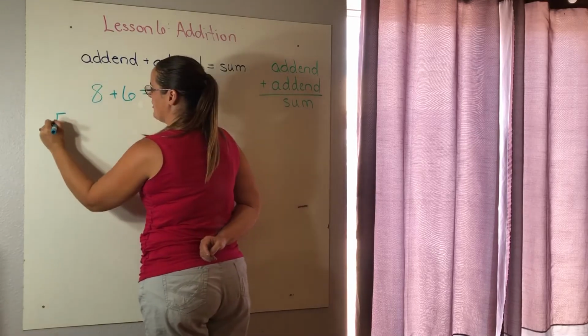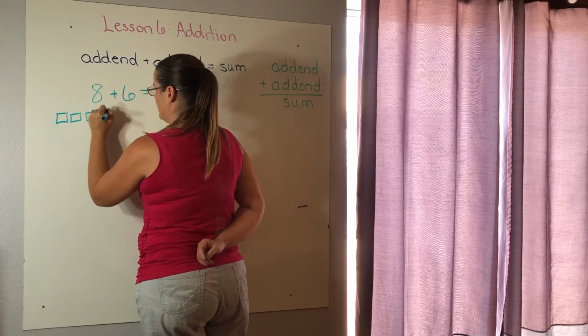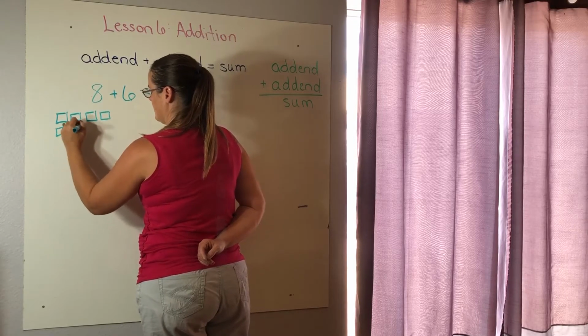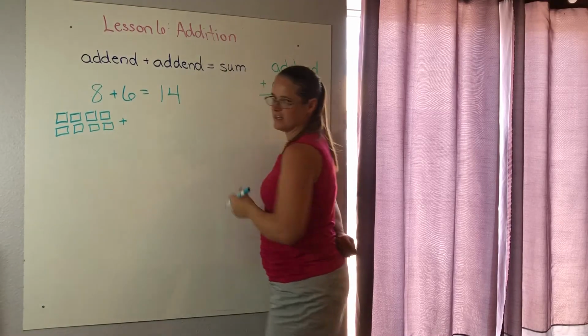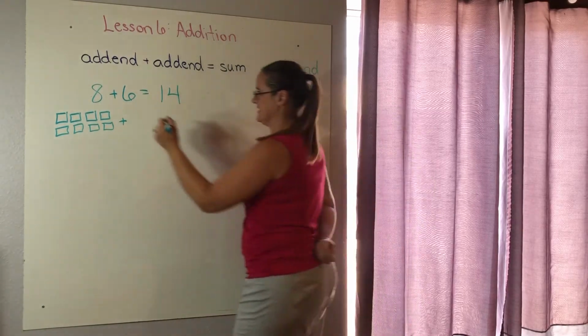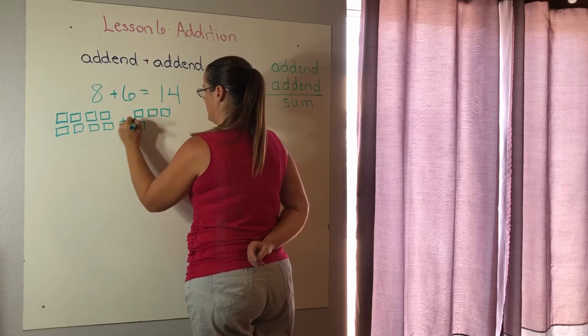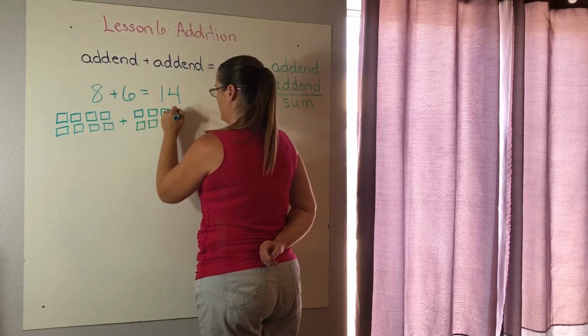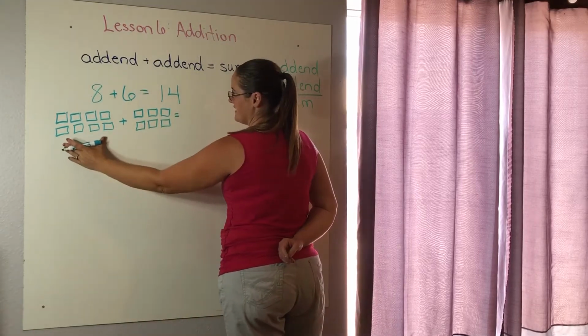I would start by drawing 8 tiles. So there I have 8. Then how many would I draw next? 6. I would draw 6 tiles next. And how many would I draw here? 14.